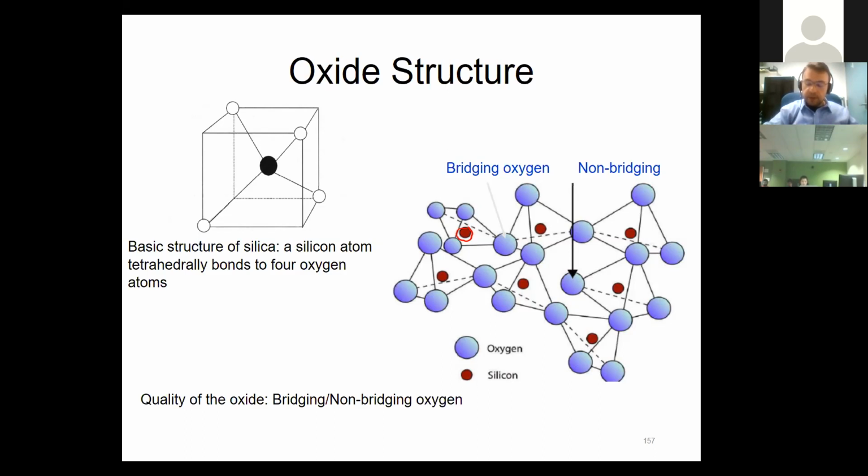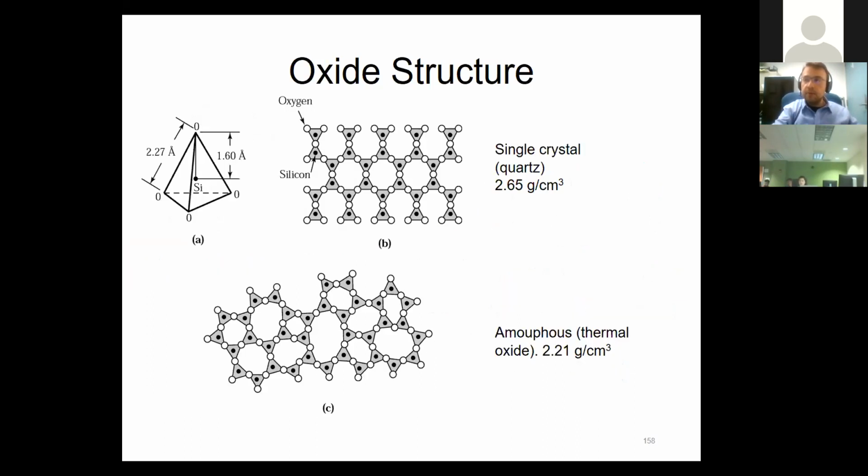There might be some oxygen atoms that are shared between these tetrahedral networks, like this one here that is shared, and the others might just be non-bridging, so they may not be connecting these consecutive networks. They will be called the non-bridging oxygen atoms, and the ratio of these two will give you an idea about the quality of your oxide. If your oxide is mostly non-bridging, it will be a lower quality oxide compared to the case when you have mostly bridging oxygens.